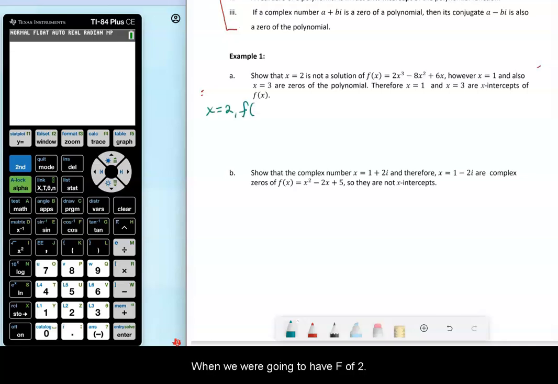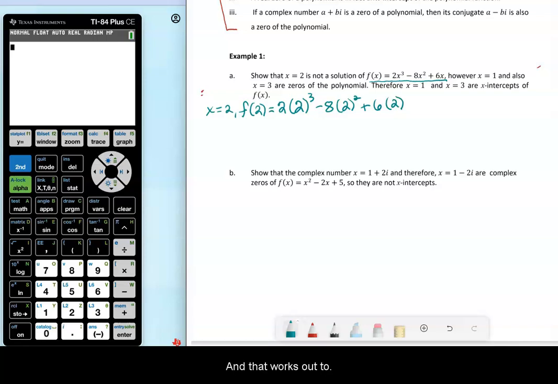then we're going to have f of 2, and our polynomial is given right here. So f of 2 is 2 times 2 cubed minus 8 times 2 squared plus 6 times 2.